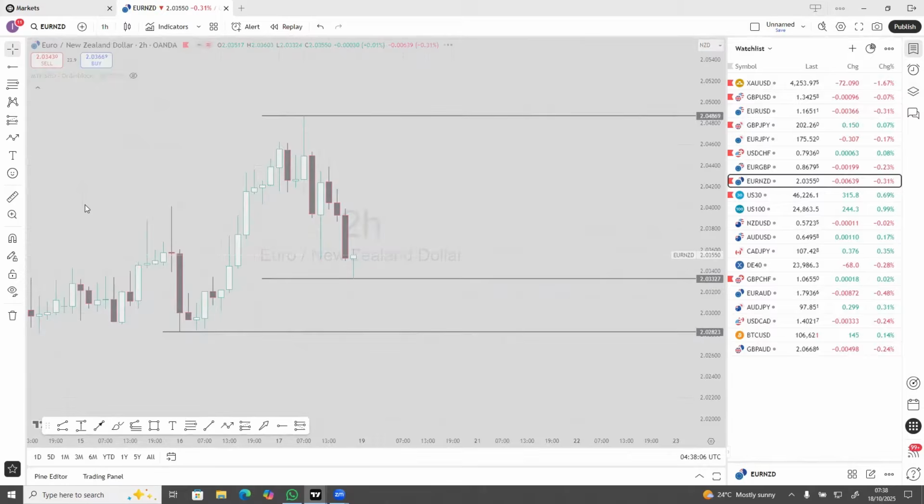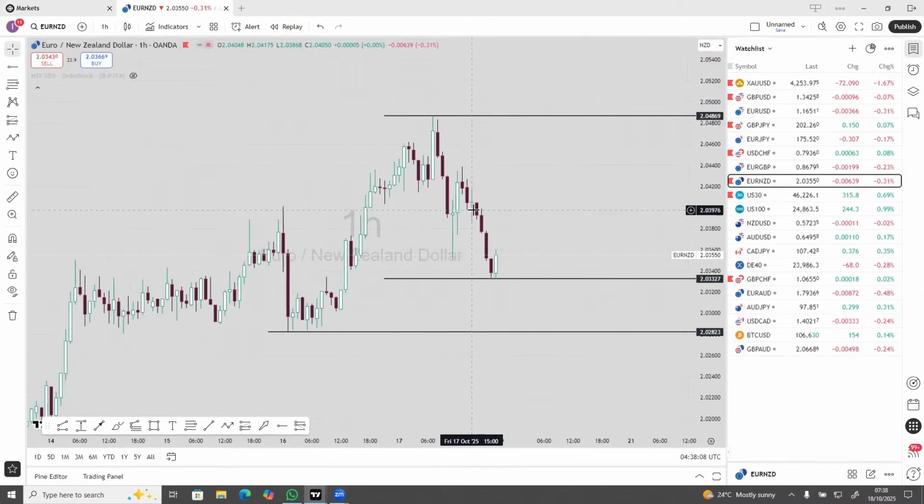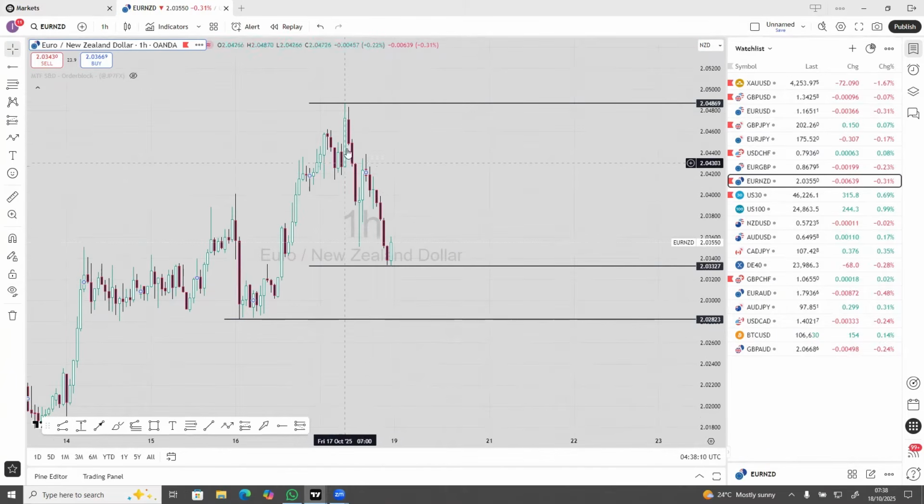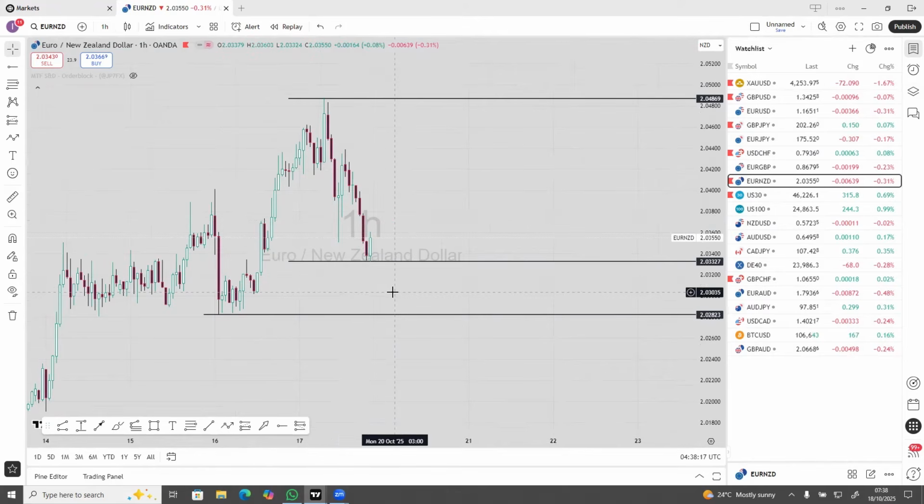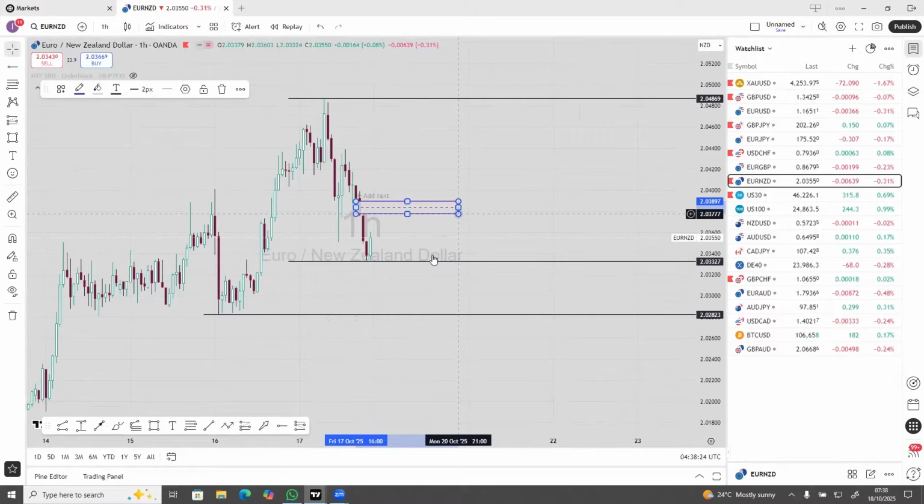What is going on in lower time frame? On one hand, we have that market shift and currently price is in a downtrend. Any point of interest available over here, we have this FVG.